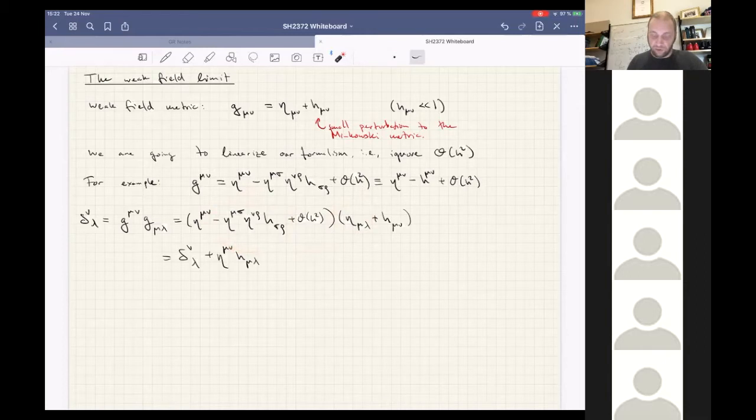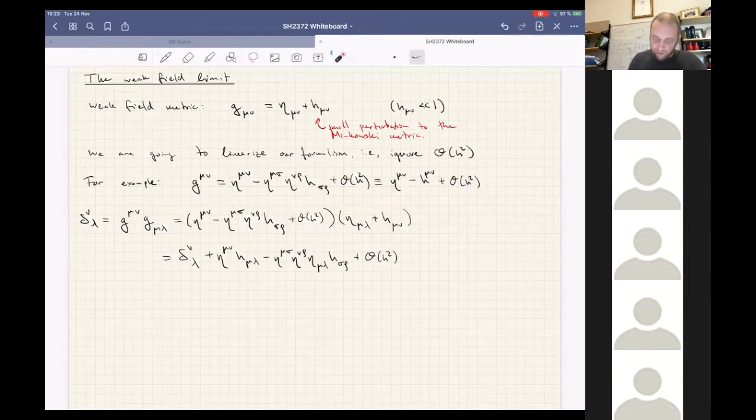So that's a term that we should include. And we get minus eta mu sigma eta nu rho eta mu lambda h sigma rho. However, when I multiply this by this, I get something that's order h squared. So I'm just going to bake that into the order h squared term. Of course, when I take this order h squared term and multiply it by this, I also get something that's order h squared.